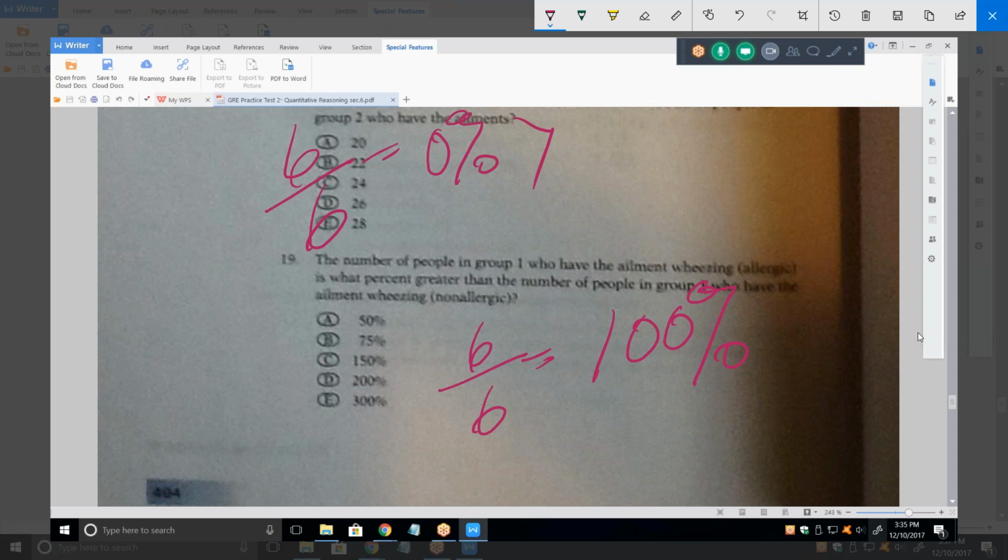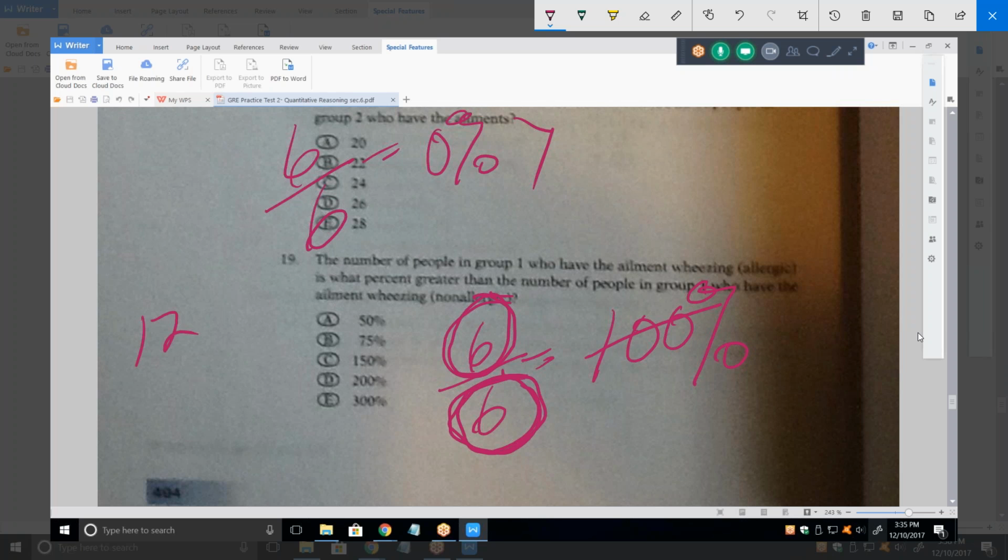They're not asking you, what is this number as a percent of that number? Then the answer would be 100. What they're asking is how much is the numerator greater than the denominator? And it's not greater at all. So that has to be 0. So how do you get 0? You basically subtract 100 from any percent you get, or you subtract 1 from any number you get.